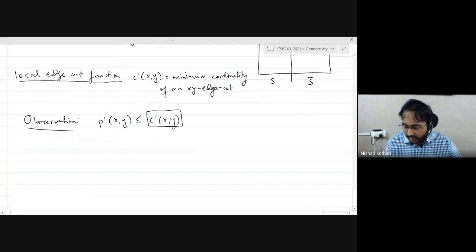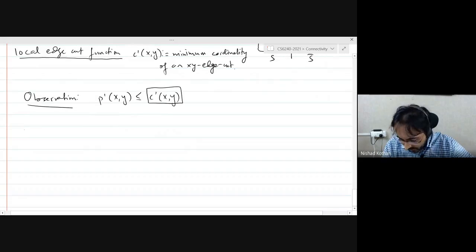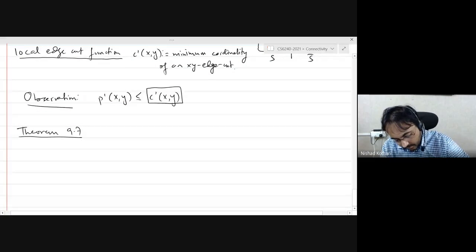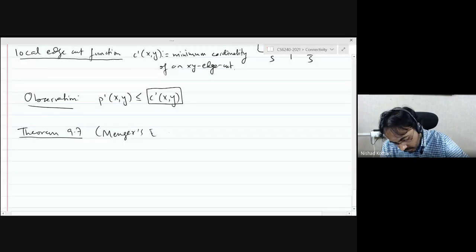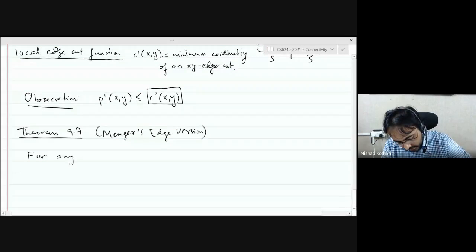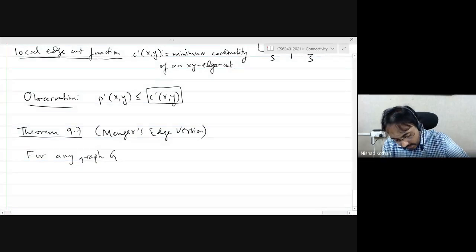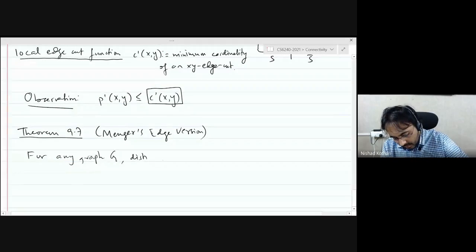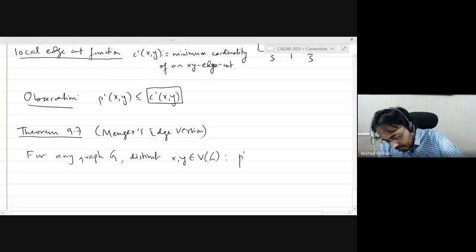So you get this inequality, and then you get theorem 9.7, which is Menger's theorem for edge version. It states that this is not an inequality, but this is actually equal. For any graph G and distinct x, y in the vertex set of G, P prime xy is actually equal to C prime xy.